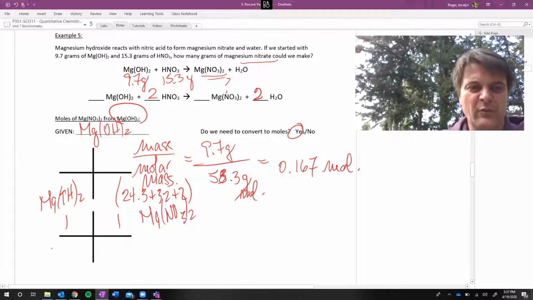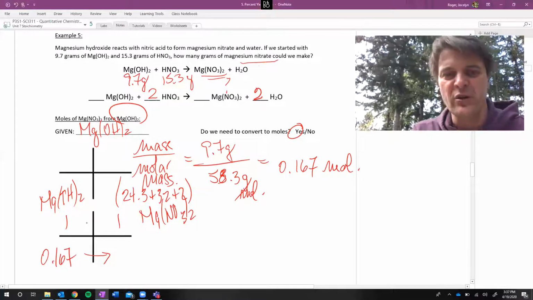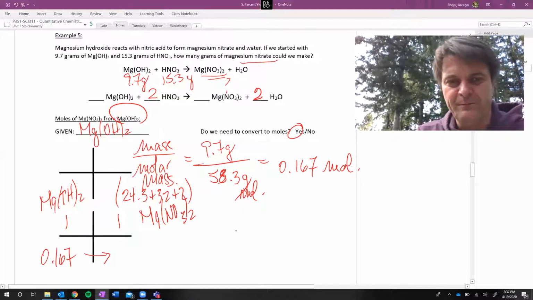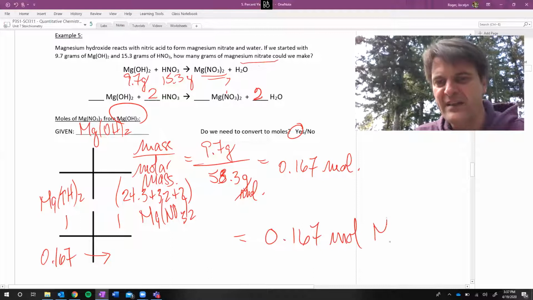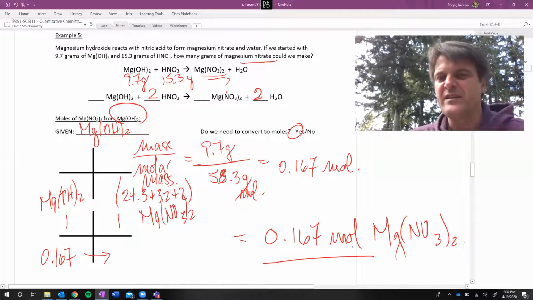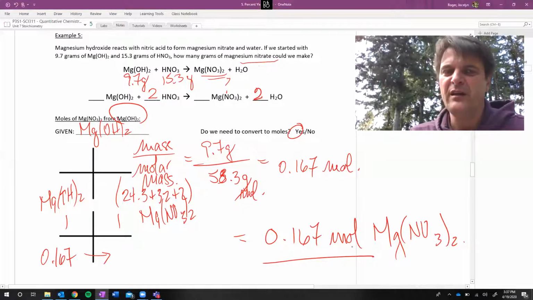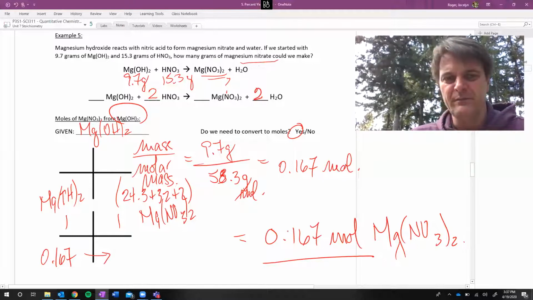So if we start with 0.167, then of course it's a 1-to-1 ratio. We're going to make 0.167 moles of magnesium nitrate. So that's the maximum amount that we can make if we're using up all of the magnesium hydroxide.